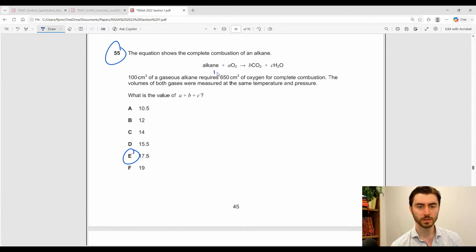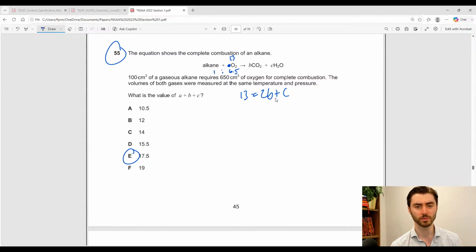So it is a 1 to 6.5 ratio for complete combustion. The volumes of both gases were measured at the same temperature and pressure. So therefore, there are 13 oxygens to play for. Oh, well, that was stupid.